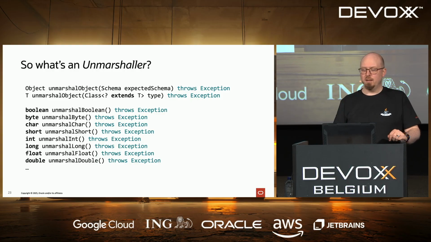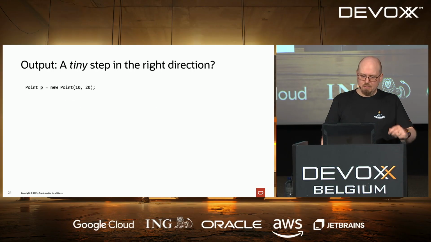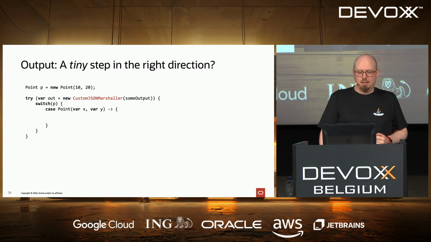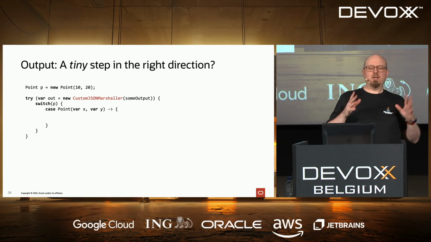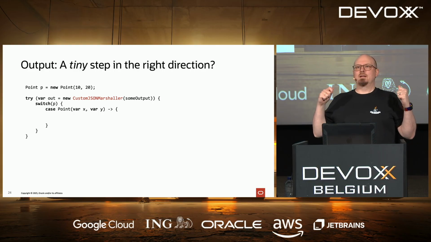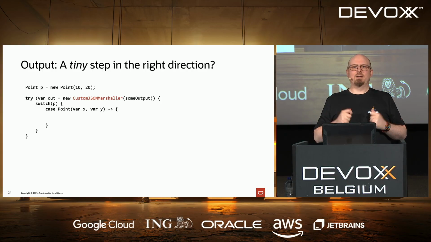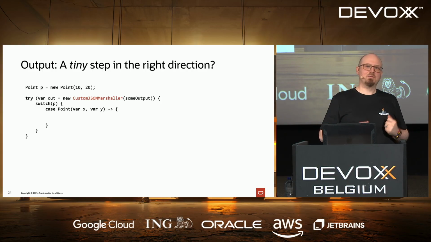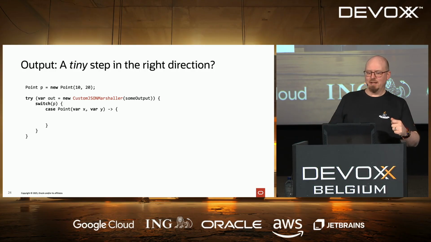So how do we make an example out of this? If we want to extend the analogy of we're doing this manually, then imagine that we have some sort of custom JSON marshaller. That is your domain format. You have a custom definition of JSON that you're creating for points for some reason. You're a huge fan of points, and you want to represent them as JSON.